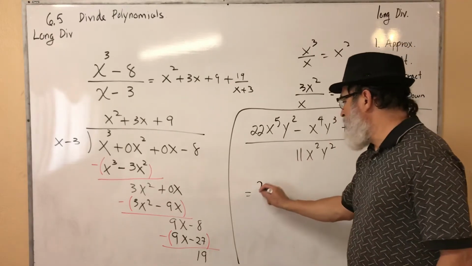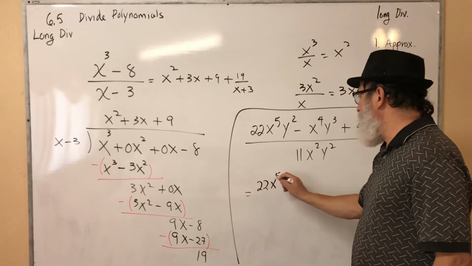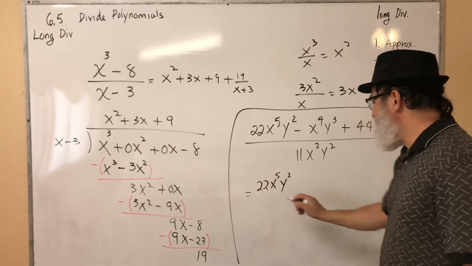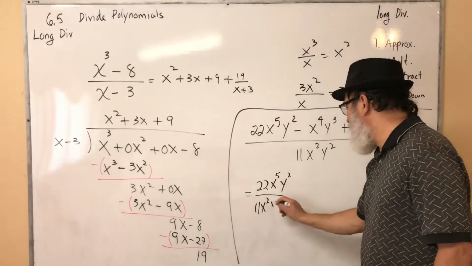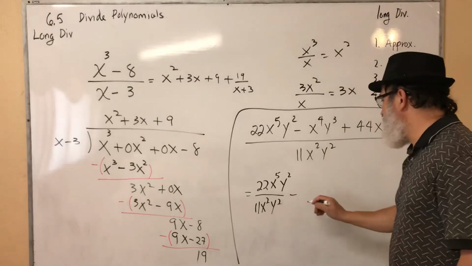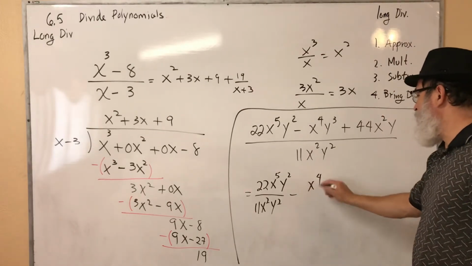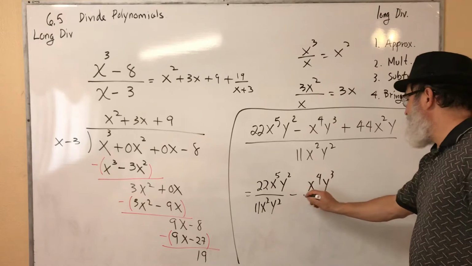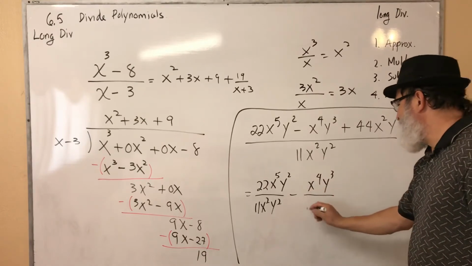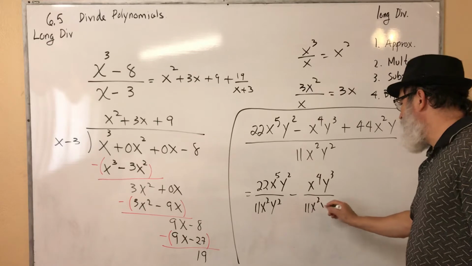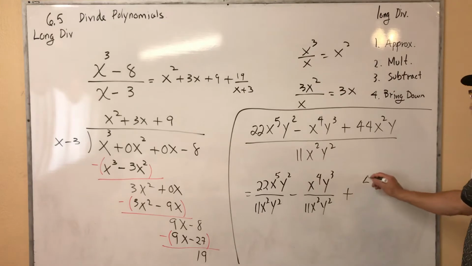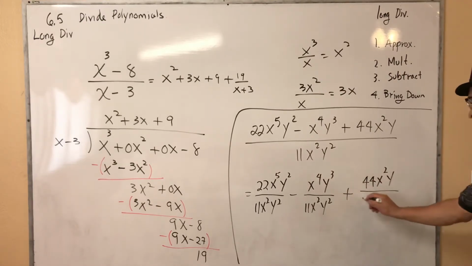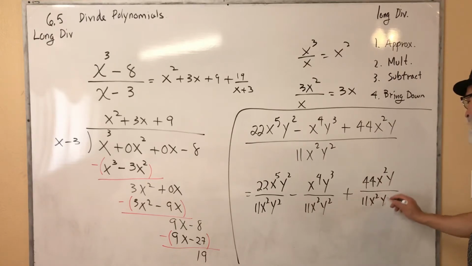Take the first term, 22x to the 5th y squared divided by this 11x squared y squared, minus x to the 4th y cubed divided by 11x squared y squared, plus the next one, 44x squared y divided by 11x squared y squared.